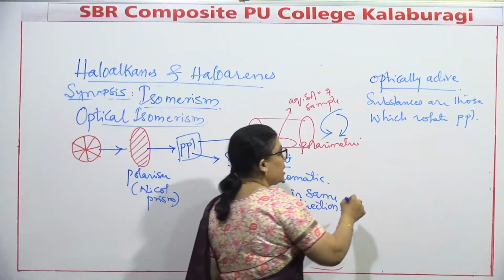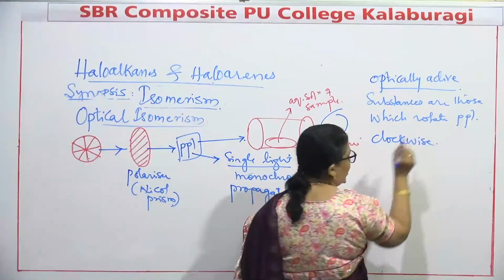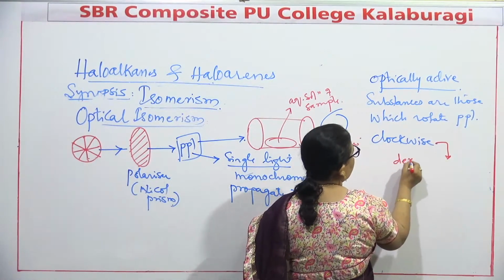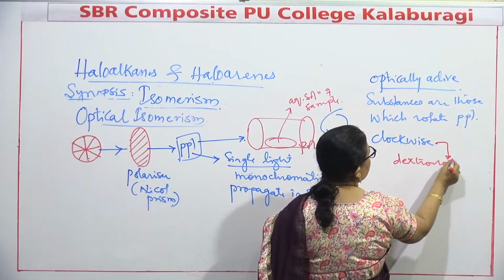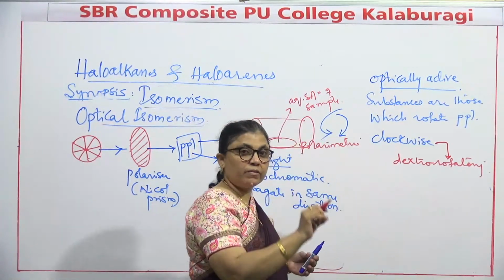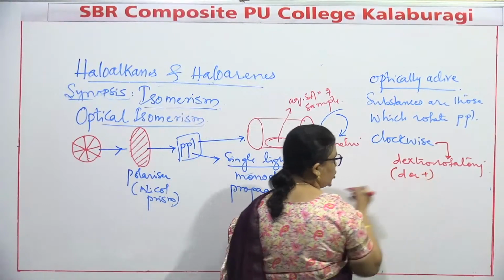If they are rotating in a clockwise direction, they are called dextrorotatory. Have you remembered, children? This dextrorotatory is represented by small d or positive.